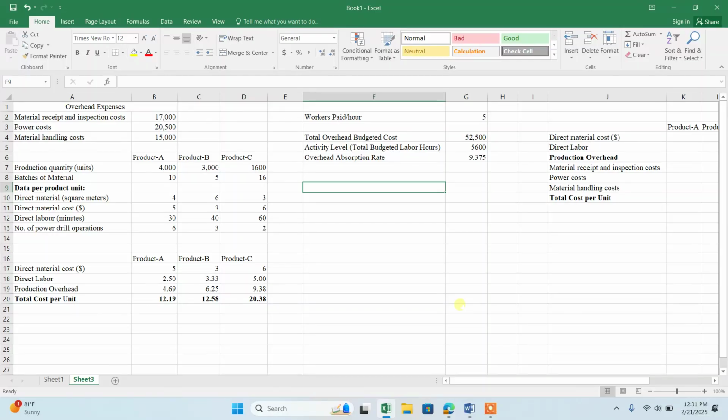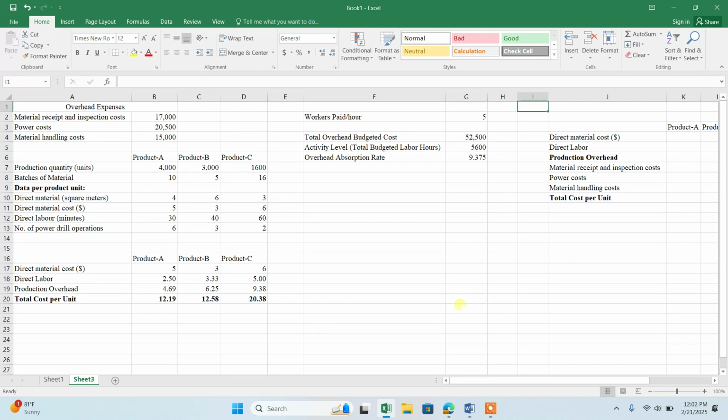Now, let's come to the second part of this question, which is activity-based costing. So far, we have calculated the absorption costing. If I quickly summarize, we add all this cost, which is 52,500, and we divide it by the activity given in the question, based on the total budgeted labor hours.